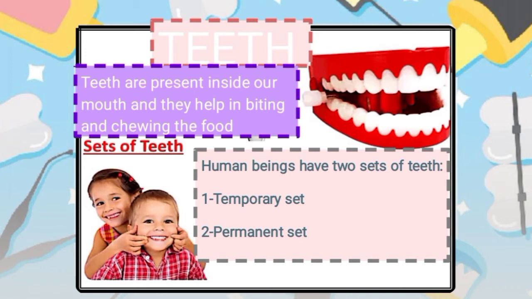Many of us may have asked the question, to any elder, why are my teeth falling. But have you ever wondered what is the difference between milk teeth and permanent teeth?